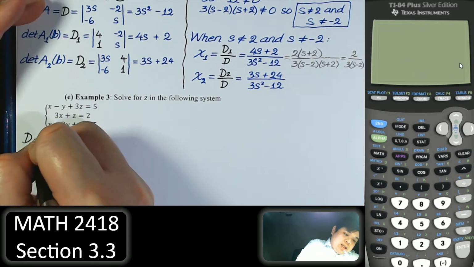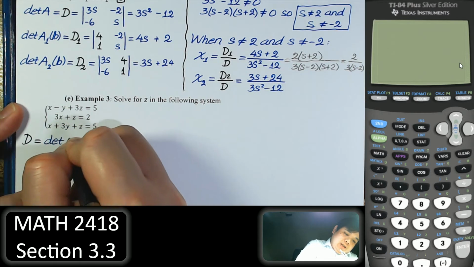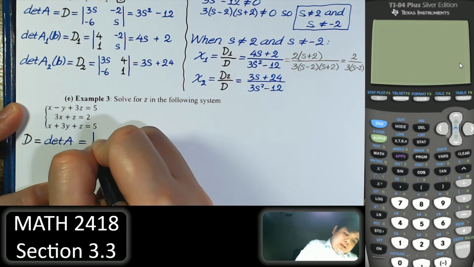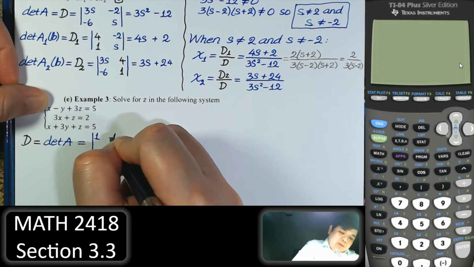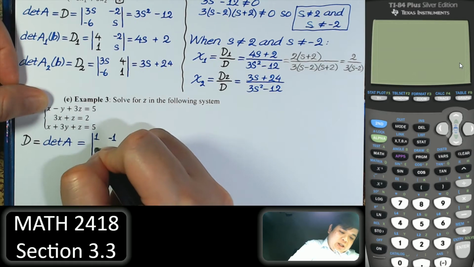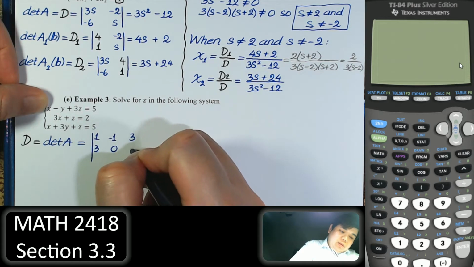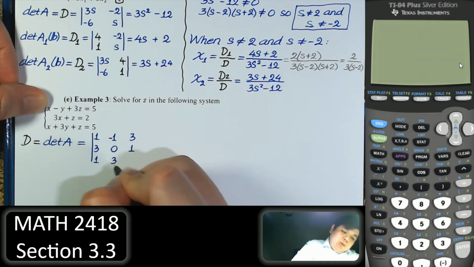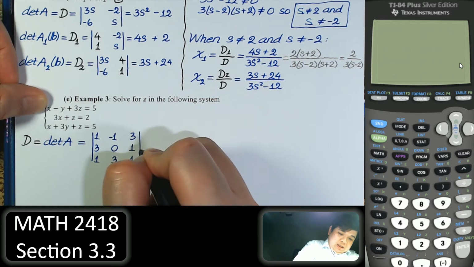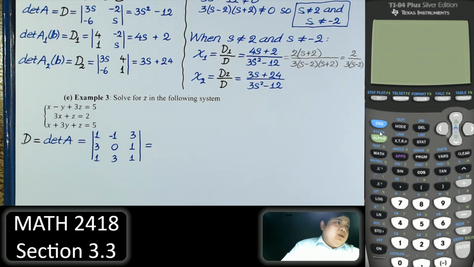So d, of course, is the determinant of the matrix, which I will write 1 for x, -1 for y, and 3 for z. 3x, 0y, 1z, 1x, 3y, and 1z. Now I'll just use a calculator to save time.